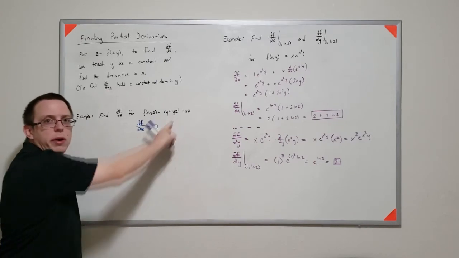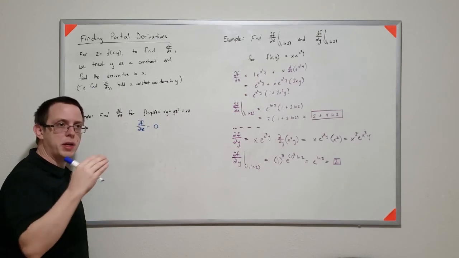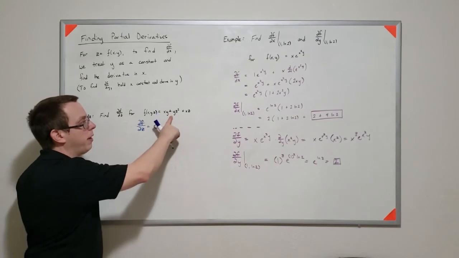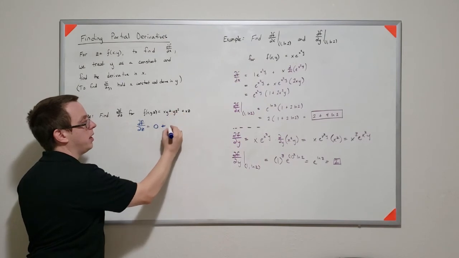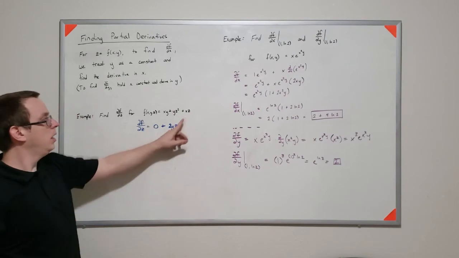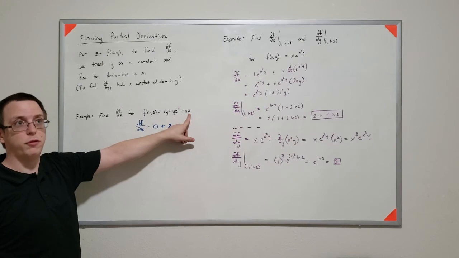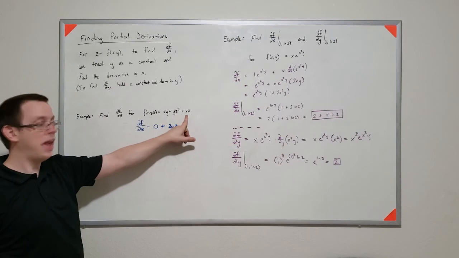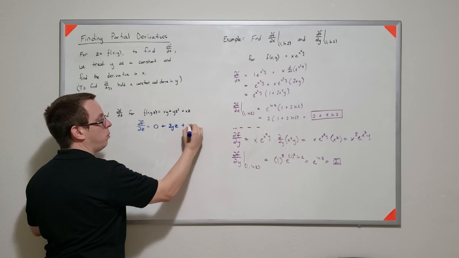Now think, if it was the derivative of 3z squared, then it would be 3 times the derivative of z squared, which is 2z. But we don't have 3z squared, we have yz squared. So this is like y times that derivative, so 2yz. And again, the derivative of xz, if it were negative 4z, then the derivative would be negative 4. But we don't have negative 4, we have xz. So we take the derivative of only the z portion.